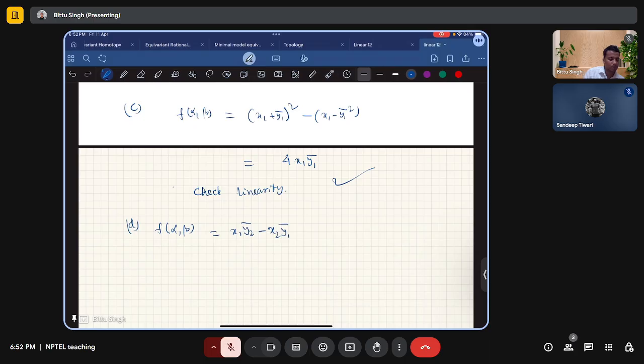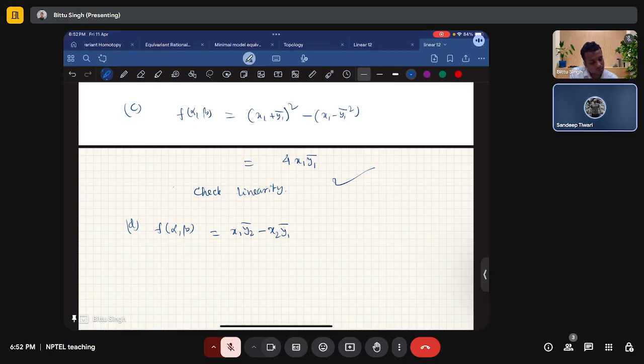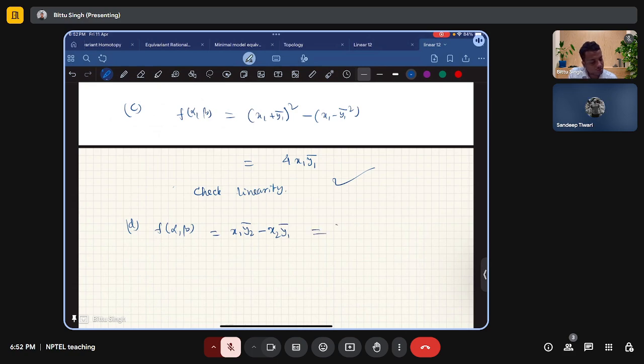Is it a form? It seems to be. Yes, this is also a form because it can also be written as sum of aij xj yi bar.